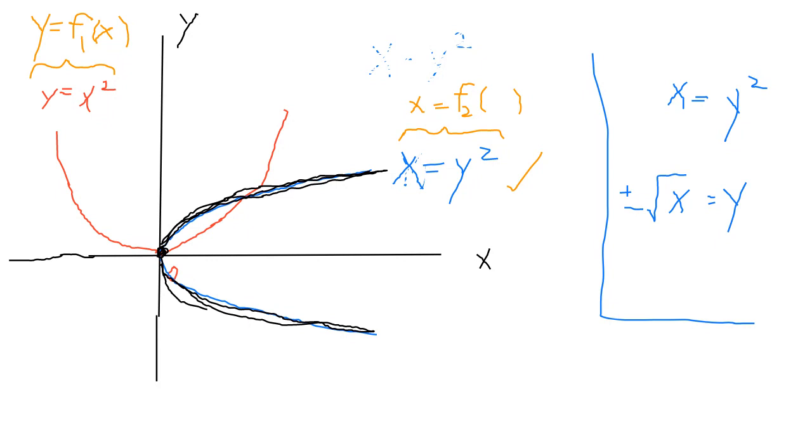Of course, if you use the TI-83 or 84 calculator to graph that sideways parabola, you need to graph y equals positive root x and y equals negative root x. But when x equals y squared, that means x is a function of what variable?